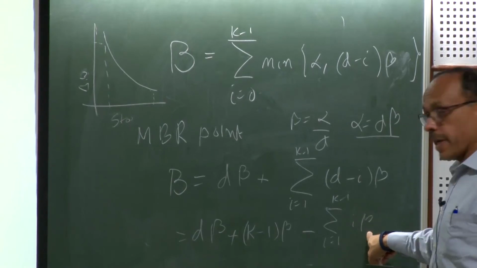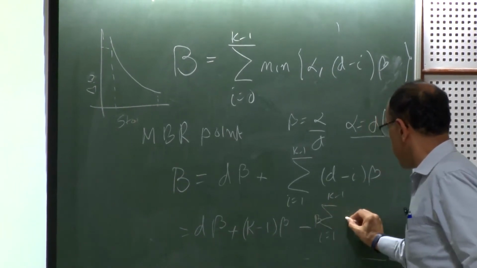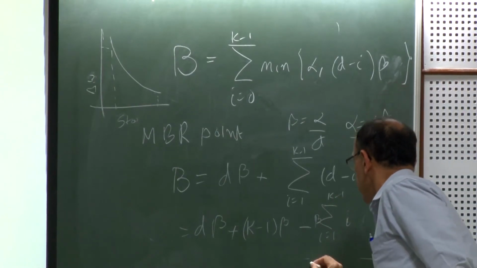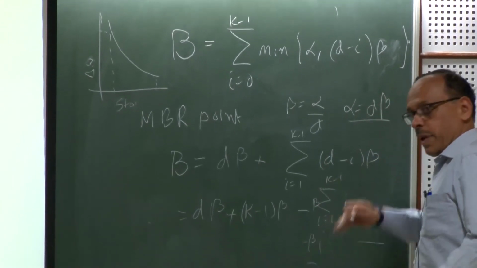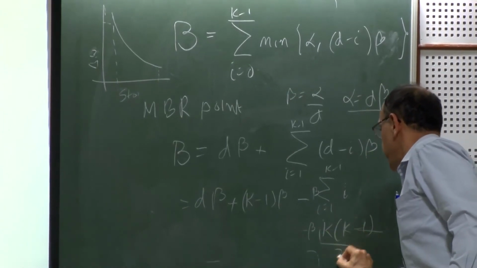Now you can take the beta inside here, and it's i. Sigma i equals 1 to k minus 1 of i is the same as beta times k minus 1 times k divided by 2, so it is k times k minus 1 divided by 2.